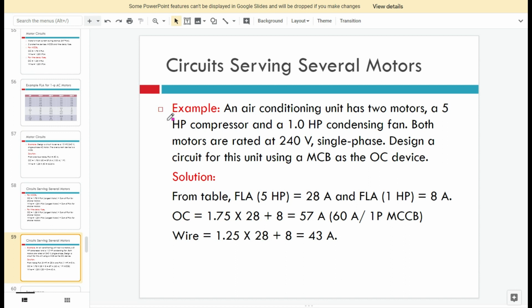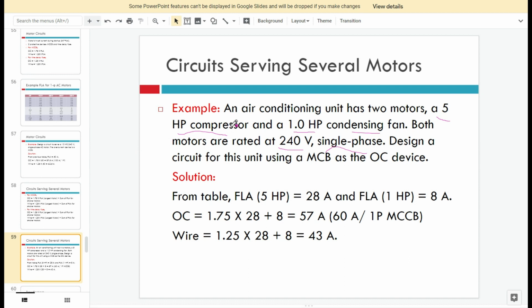So we look at the example here. An air conditioning unit has two motors, a 5 horsepower compressor and a 1 horsepower condensing fan. Both motors are rated at 240 volt, single phase.